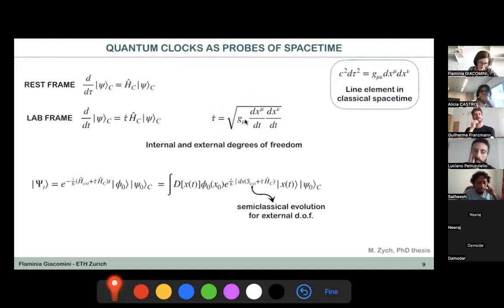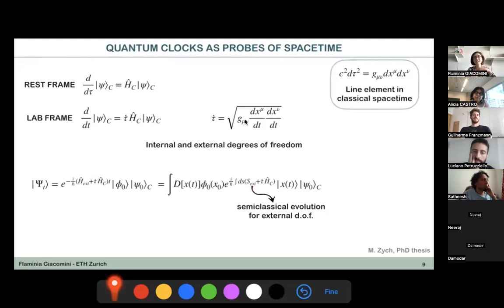Then if I had to fully quantize this in a general gravitational field, there would be ordering issues. But then I'm going back to an action picture where we do not have any quantum operator anymore. This is all classical histories. I had just some overall possible histories of the particle.